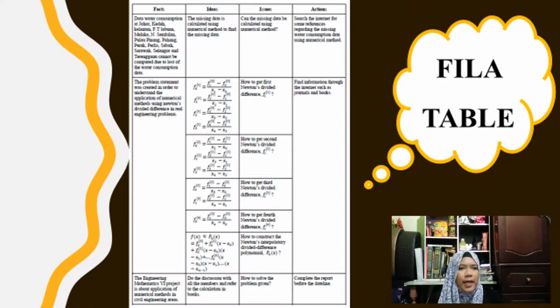First, in the issue, we need to find how to get the first Newton divided difference Fi1. The second issue is how to get the second Newton divided difference Fi2. For this issue, we have three equations that we need to follow.